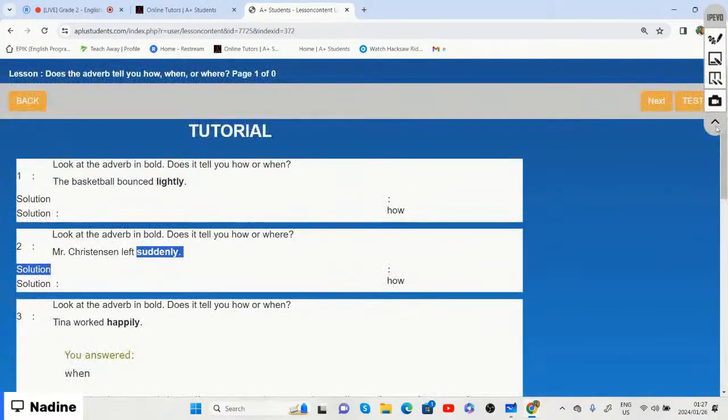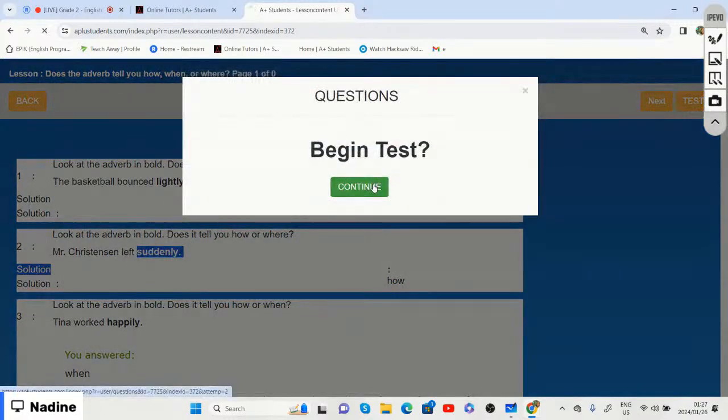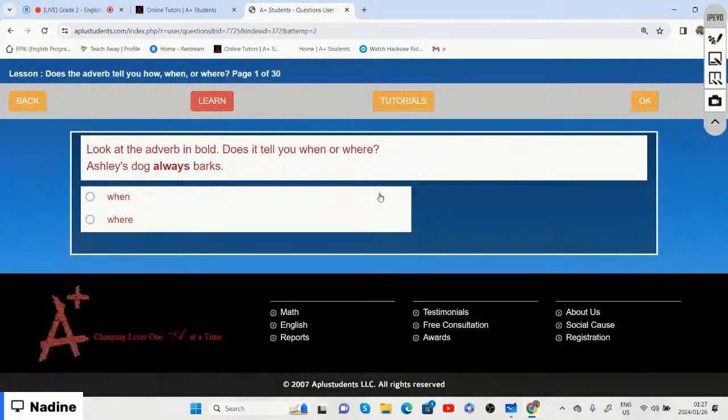So now let's go to our test, where we're going to say, does it tell you how, when, or where? Ashley's dog always barks. So now we need to say, does it tell you when or does it tell you where?